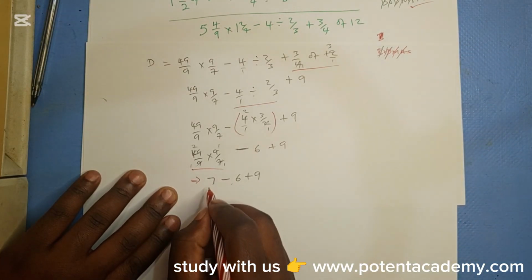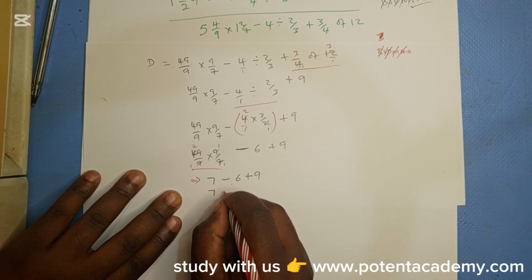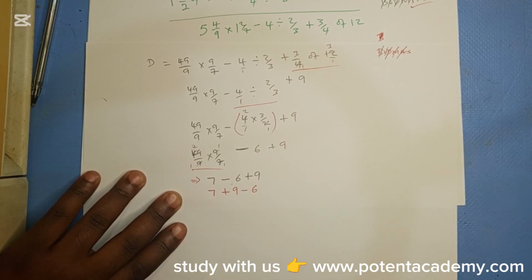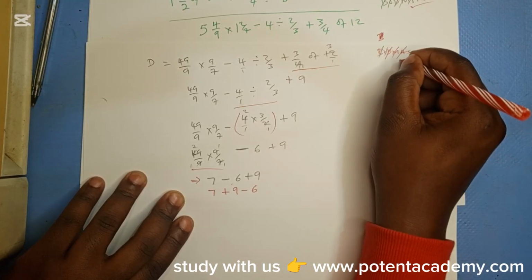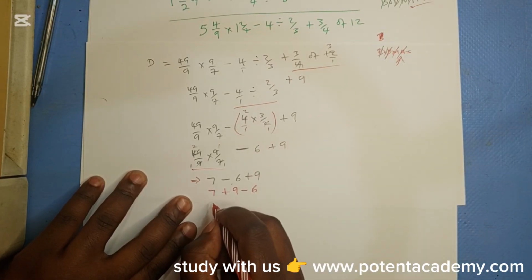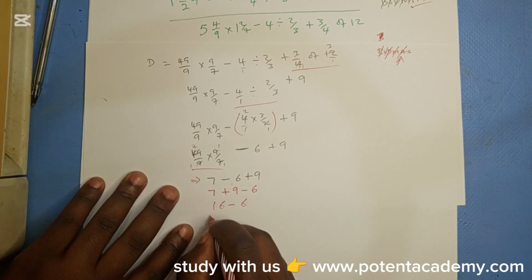No, you are supposed to rewrite 7 plus 9 minus 6. So you begin with addition. You need to be careful there. So this is 16 minus 6, which is 10.